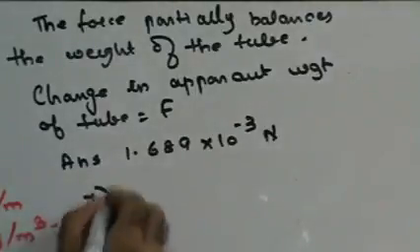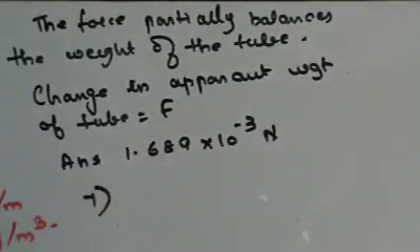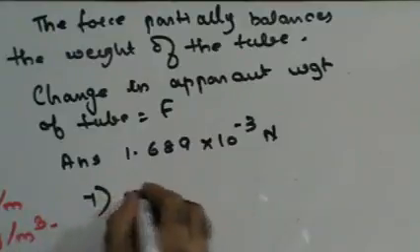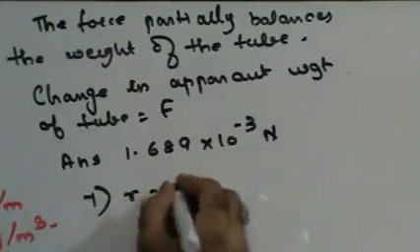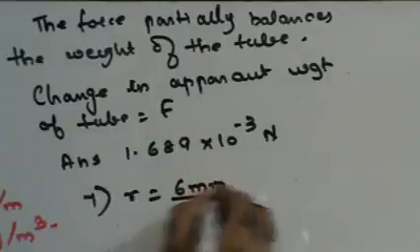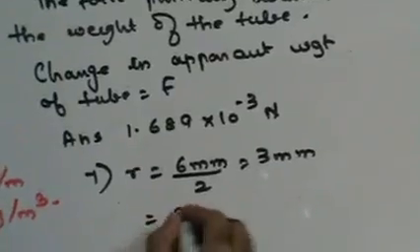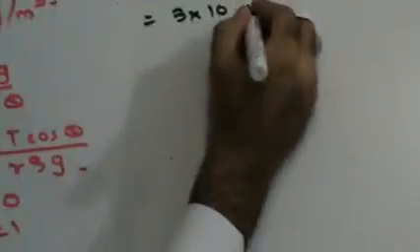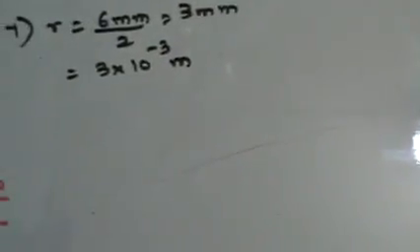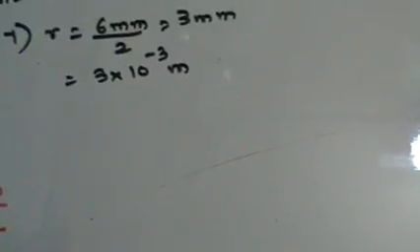Next, take down the next sum please. A raindrop of diameter 6 millimeters falls on the ground.